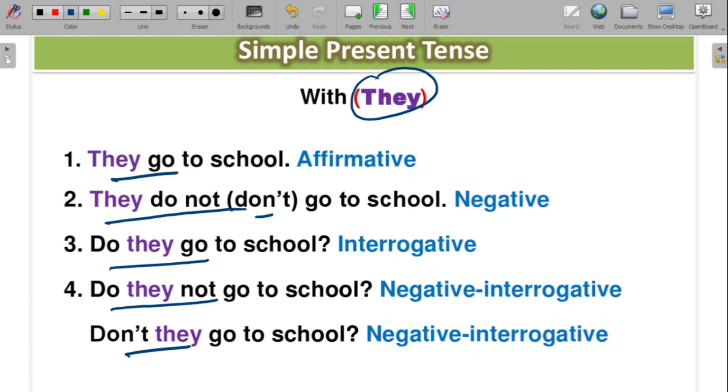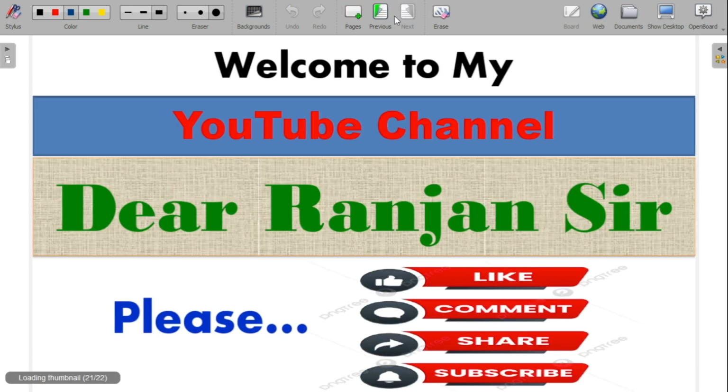Okay, this way we use all the subjects here. These all subjects that we have discussed are subjective pronouns, that means the pronouns that we can use as a subject in sentences.